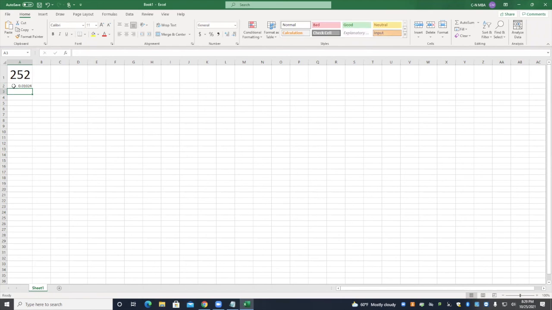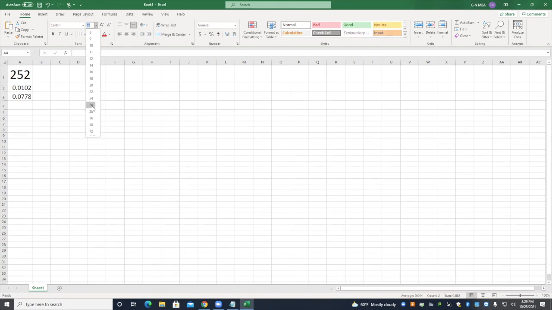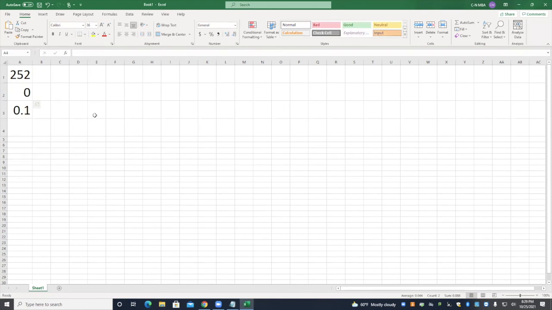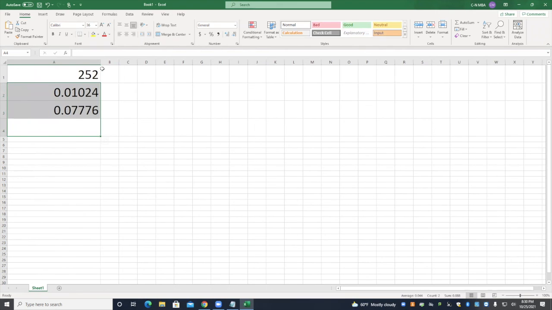Make sense? And the next part is 0.6 also to the power 5. Let's make this larger. And if you expand the cell, it'll give you more decimal places, however many you want to see.